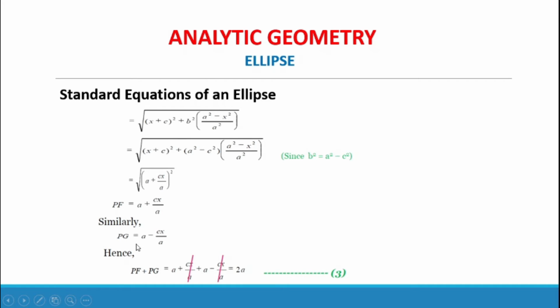Similarly, PG is equal to a minus cx over a. Hence, PF plus PG is equal to a plus cx over a plus a minus cx over a, and it is equal to 2a. Cancelling out cx over a, the remaining value means PF plus PG is equal to 2a, and that's equation 3.